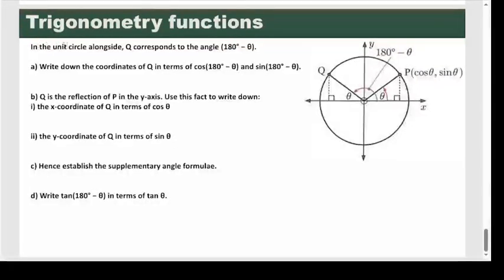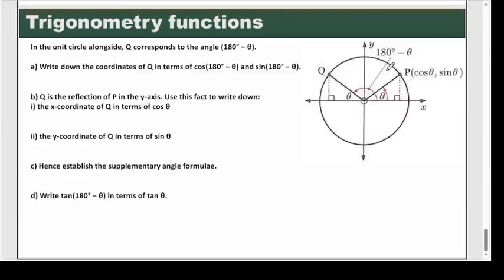Here it says in the unit circle, Q corresponds to the angle 180 minus theta. We see 180 minus theta, as we know, reflects across the y-axis.